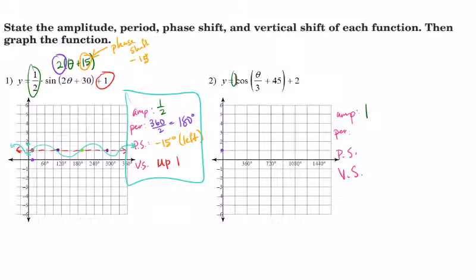All right, and then here if we factor out this, so it's really an invisible 1/3. So if I factor out 1/3, then what I get is theta plus, and so if I divide 45 by 1/3, it's really the same as multiplying 45 by 3. So it'd be 135.